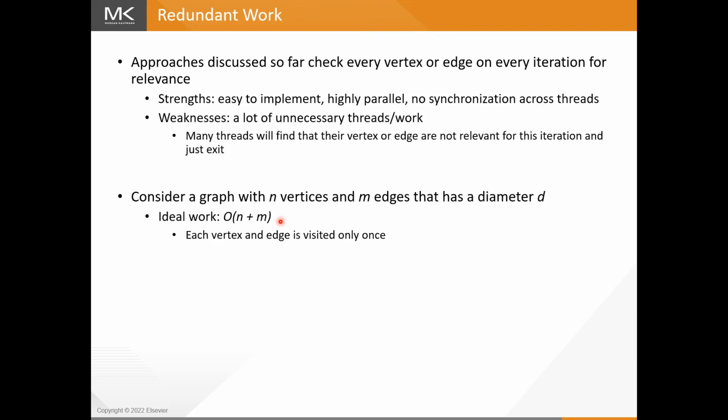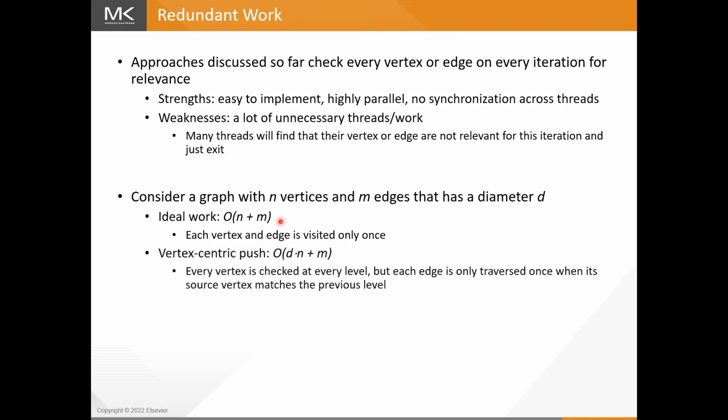What about how many edges do I visit? M only. Each iteration will only visit the relevant edges, which means every edge is only going to be visited in one of the iterations. So in total I will visit the edges m times. So for the vertex-centric push approach, I have O of D times n plus m operations. Is this clear?